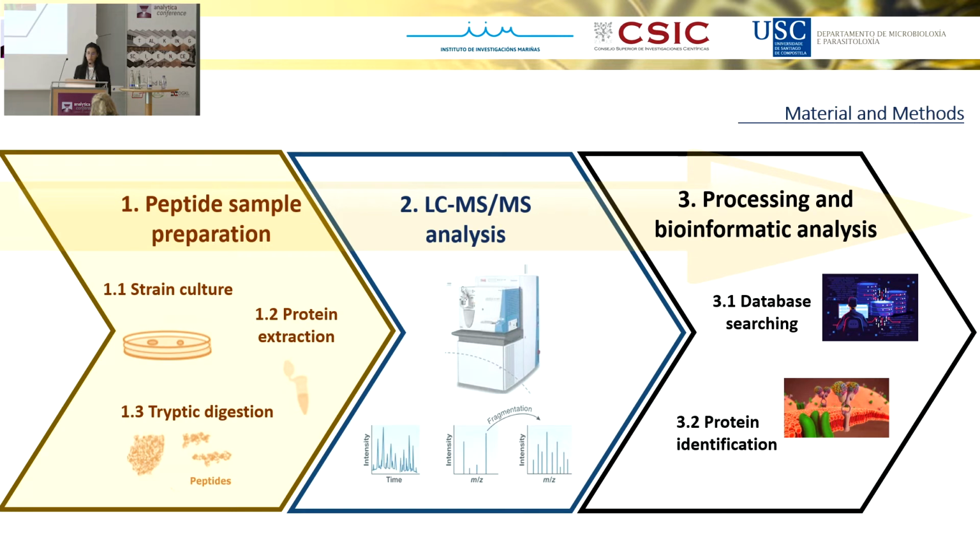As a summary of the materials and methods, we start with the peptide sample preparation, followed by the liquid chromatography tandem mass analysis, and the processing and bioinformatic analysis with the final protein identification.